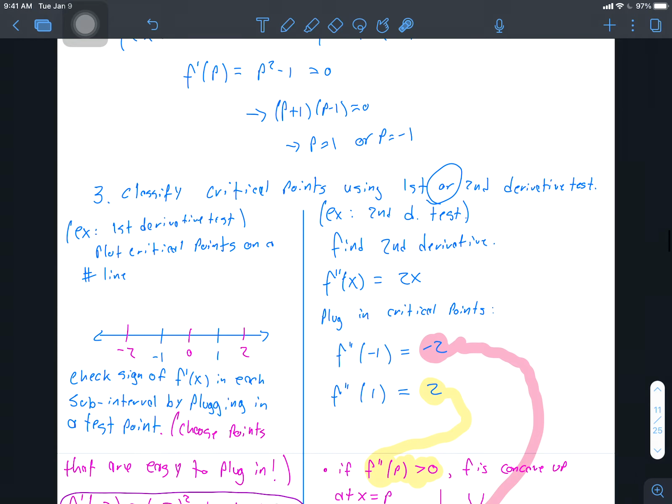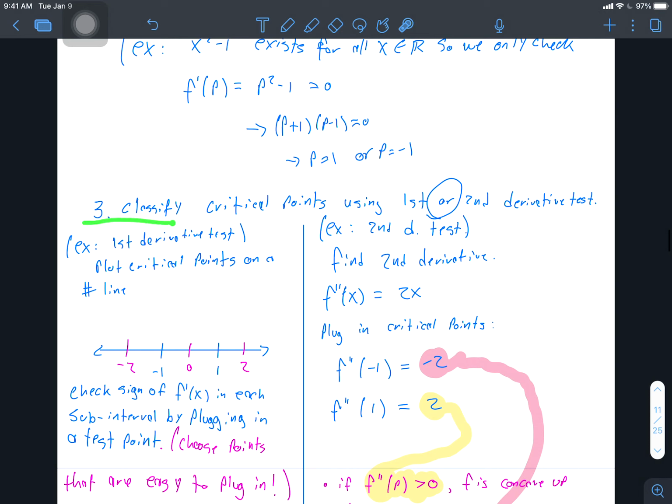So how do I do that? Step 3 is to classify the critical points using the first or the second derivative test. Two possible methods that we can use here, and which one you use is really up to you.